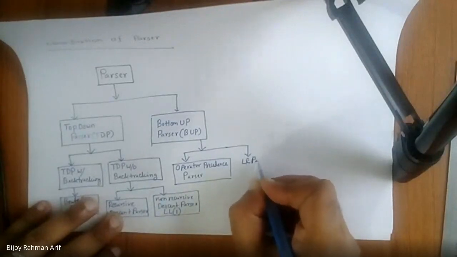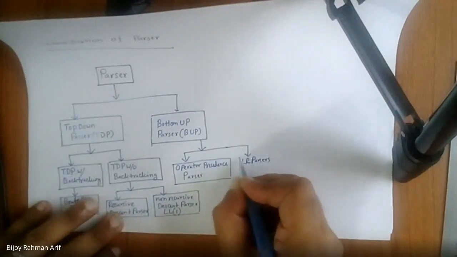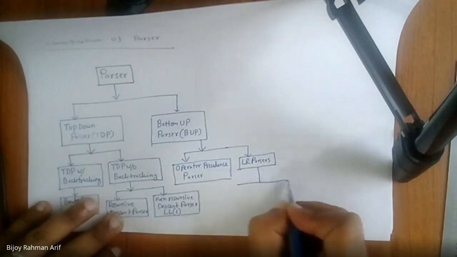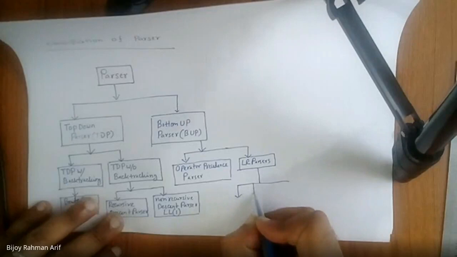LR parsers are classified into 4 broad categories.